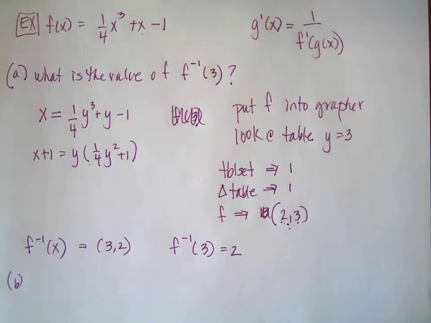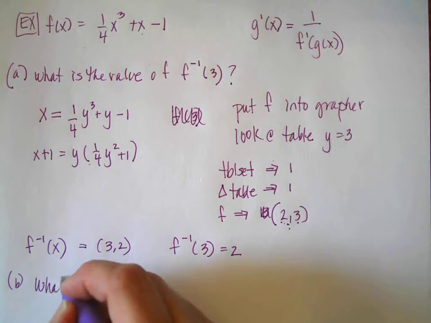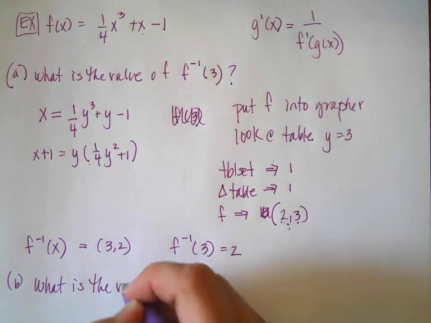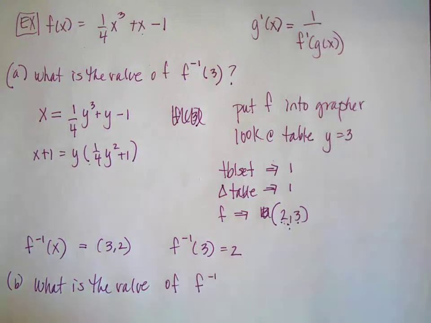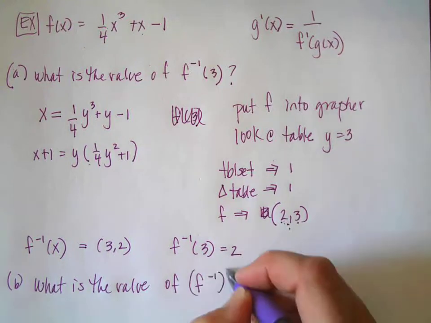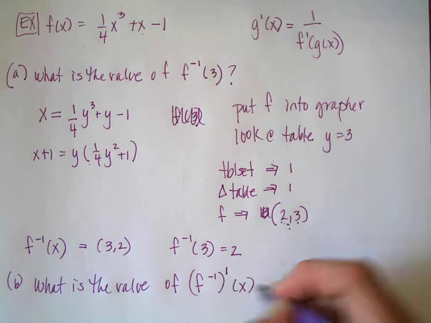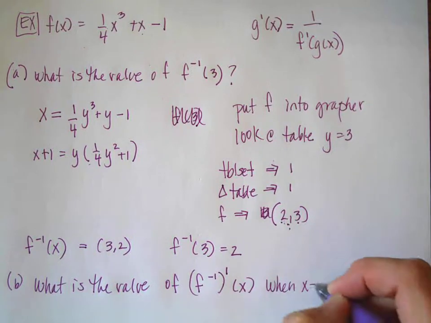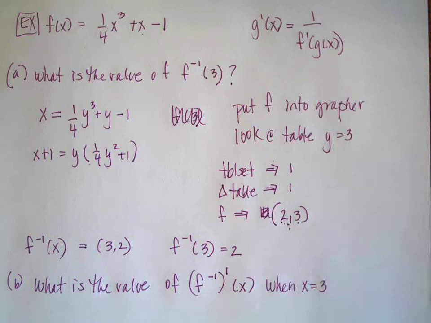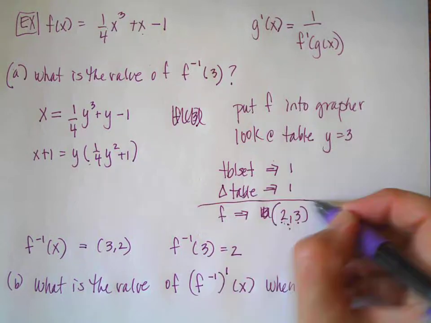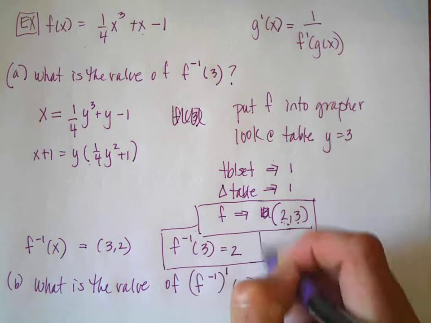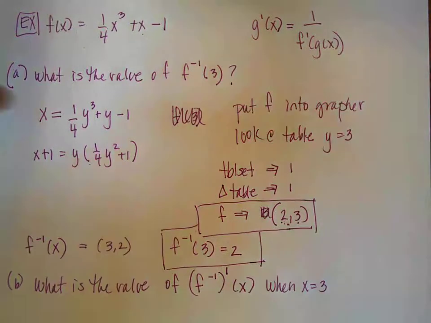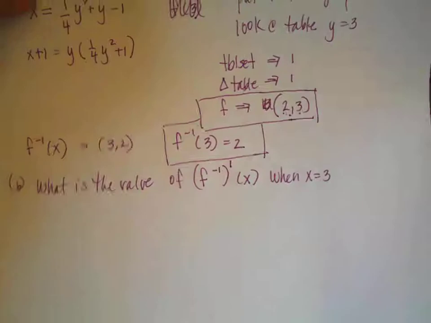The second part of this problem, and this is our last example, so lucky dogs, says what is the value of the derivative of the inverse when x is 3. And so I'm going to remember this point, and I'm going to put a box around this point as well.